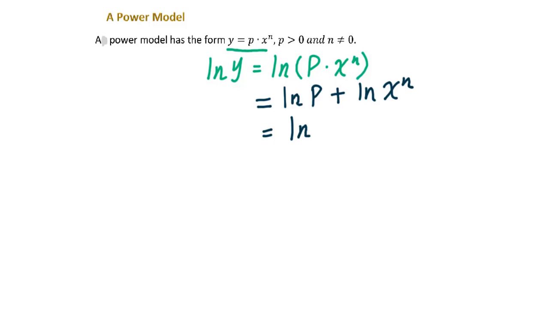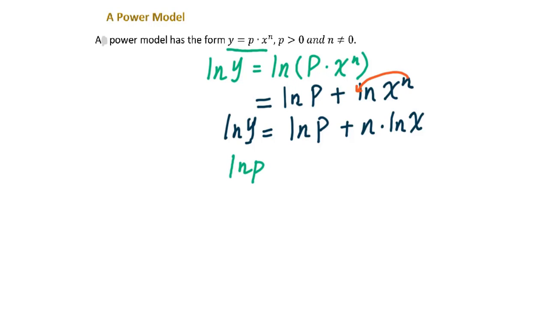Then we get natural log of p plus, take this n to the front, n times natural log of x. Here's natural log of y. Then we can set natural log of p equals a, n equals b.